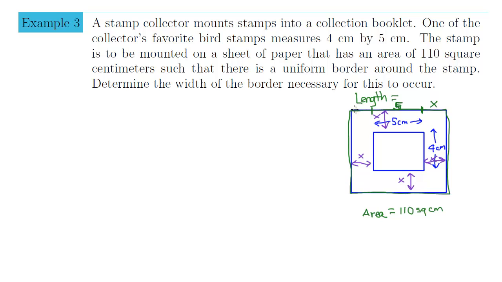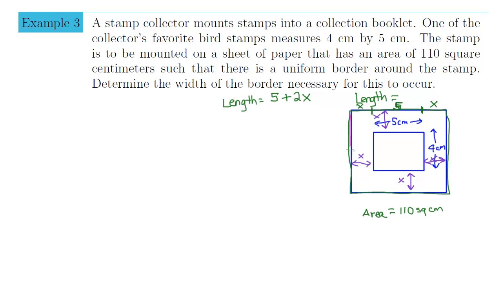Now, how about this part of the length? Well, that's also this width here on the border, and that's also x. Oh, so what does that tell us? That tells us that this length here, along the top, or if you like the bottom of the rectangle, is x plus 5 plus another x, which I could write as 5 plus 2x. Do you see that? x plus another x, so that's 2x plus 5. Perfect.